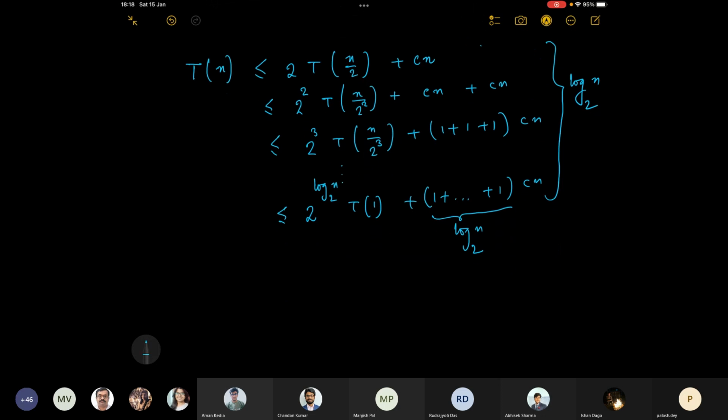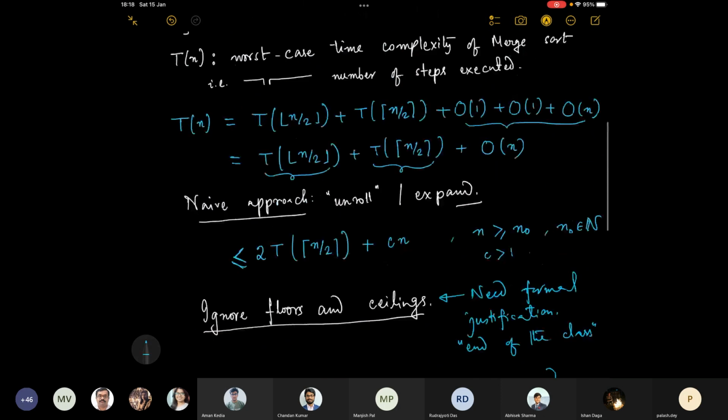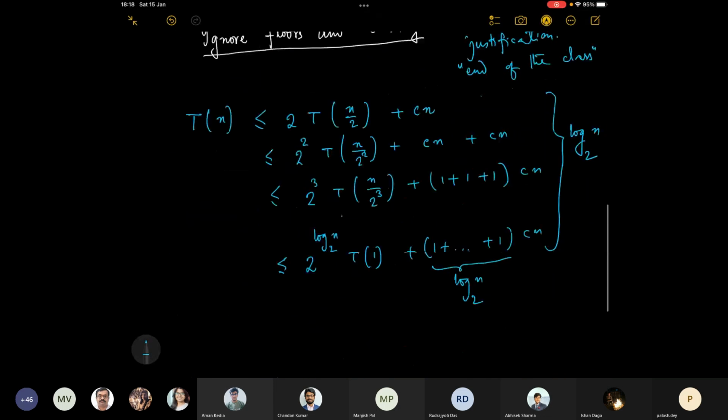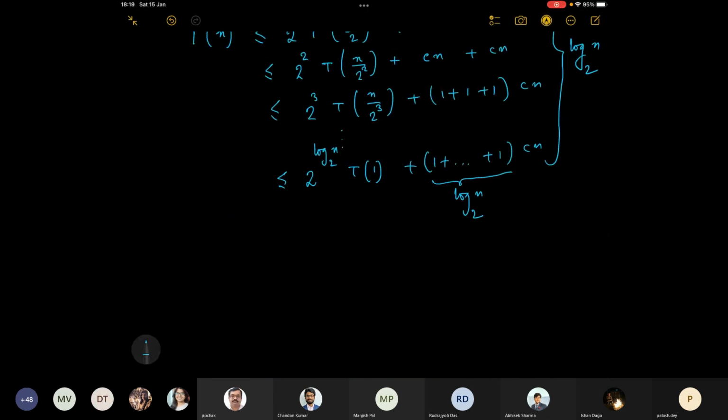So T(1) is 1 because I don't need to do any recursive call. If n equals 1, then it takes constant time, or big O of 1. Putting T(1) equal to 1, this is n plus cn log n base 2, which is big O of n log n.